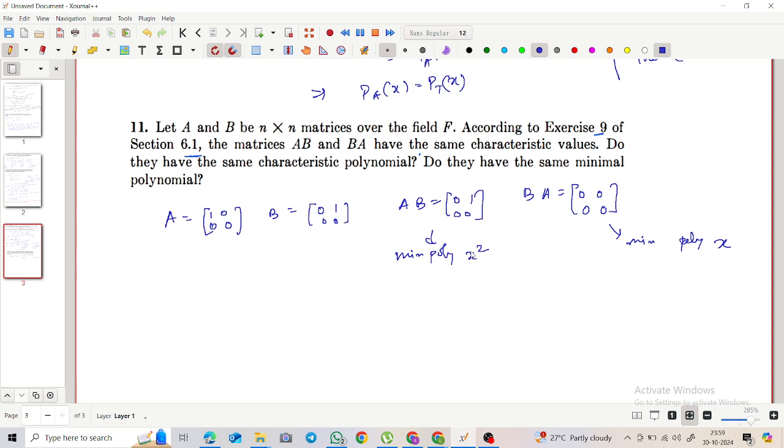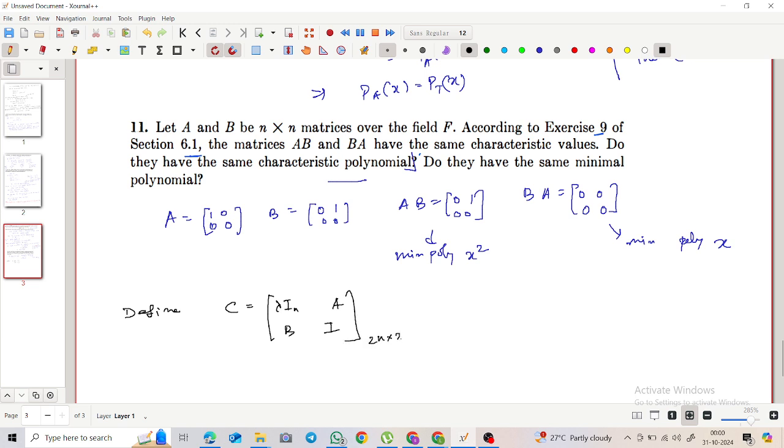Now we are going to use a trick for the characteristic polynomial. Define C to be lambda times identity, A, B, I in blocks.